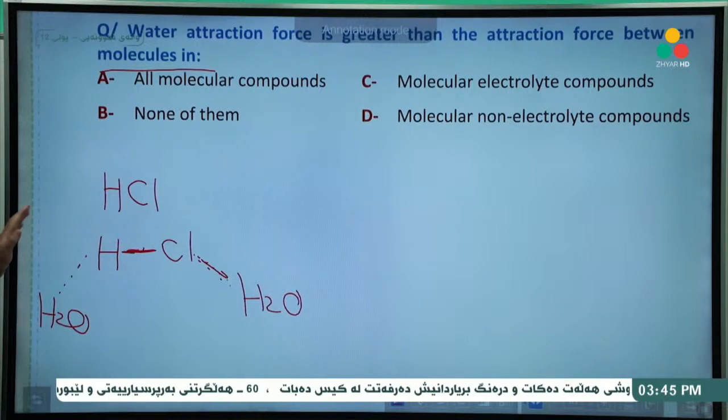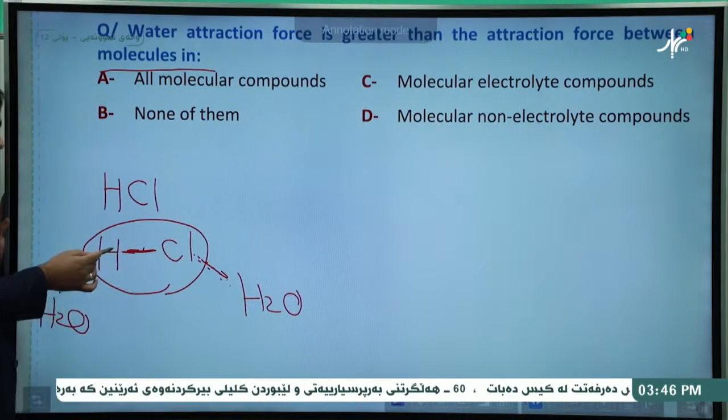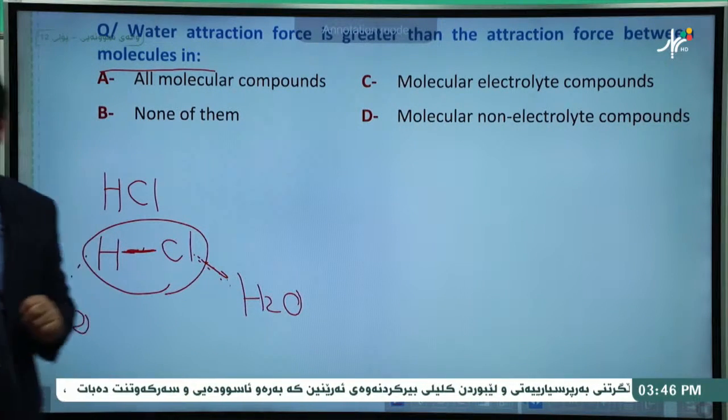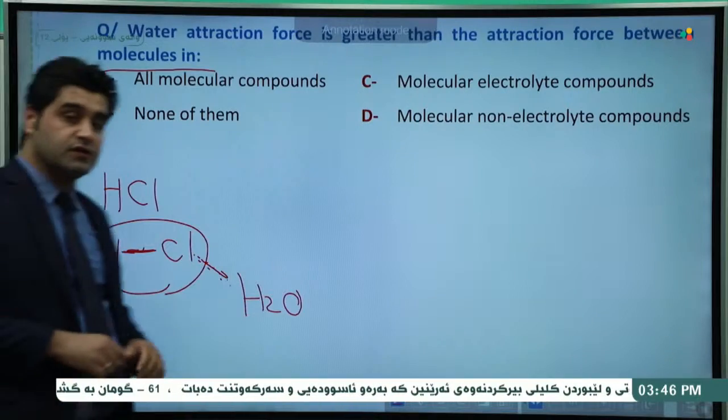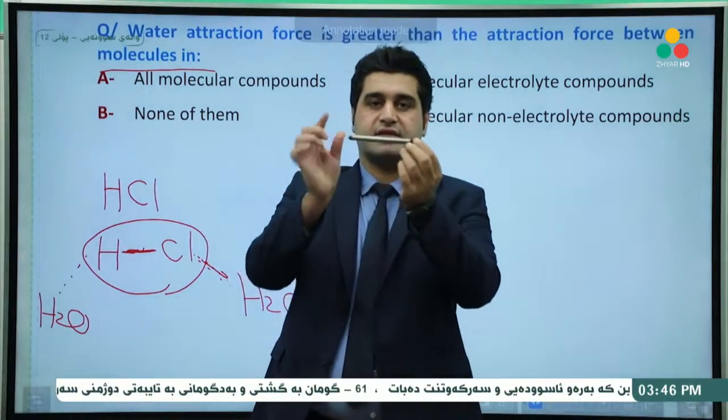So if the attraction force between hydrogen and chlorine is stronger than the attraction force between water and chloride, it cannot be ionized.